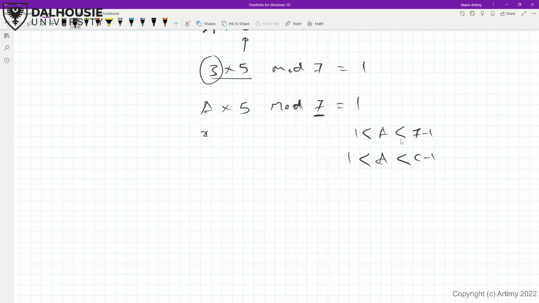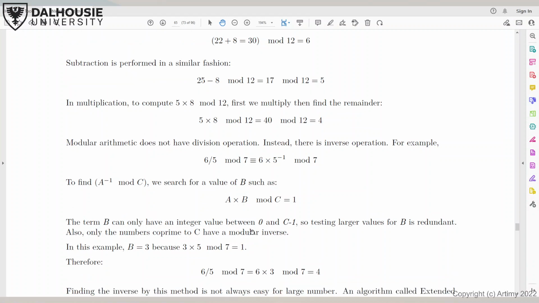We can try 1 multiplied by 5, 2 multiplied by 5, 3 multiplied by 5, until 6 multiplied by 5. What happens if I multiply 7 by 5? Well, you start repeating yourself, right? 7 multiplied by 5 is 35, mod 7, you get 0, right? So you start repeating the cycle. So we need to try only from 1 to C minus 1, as you can see here.